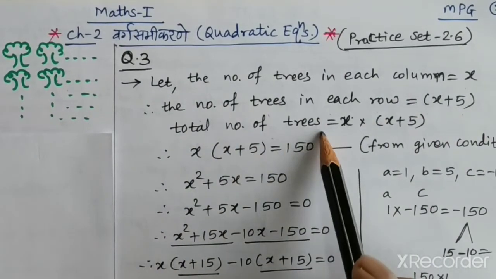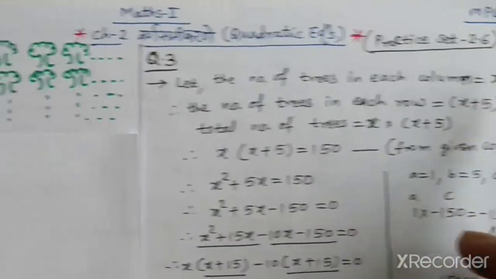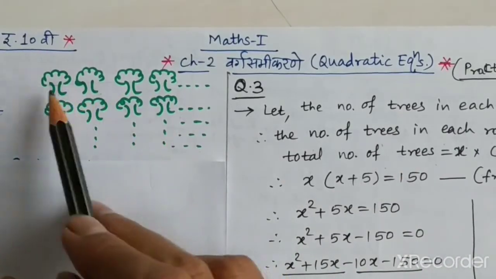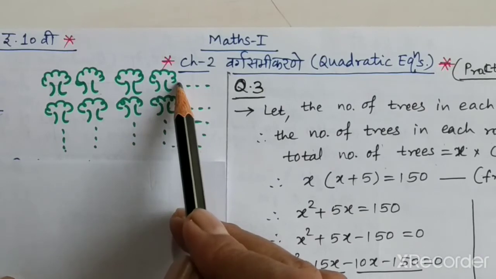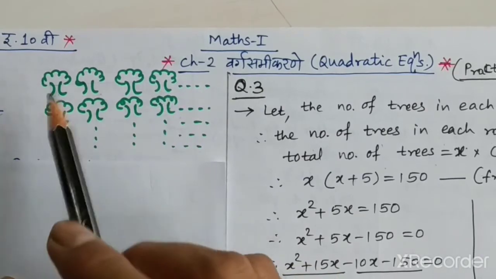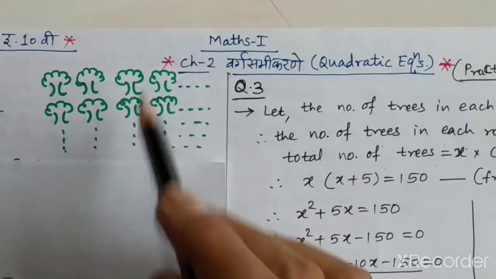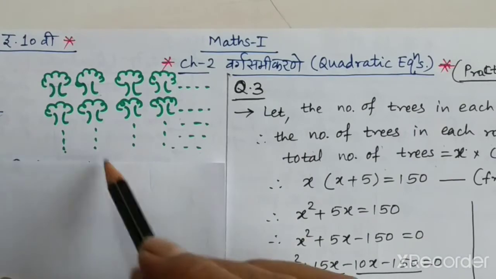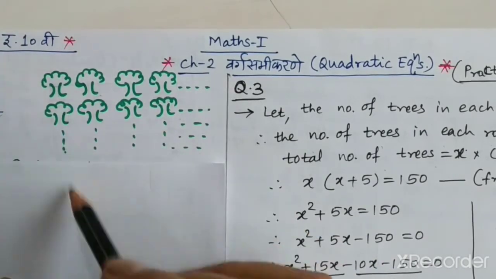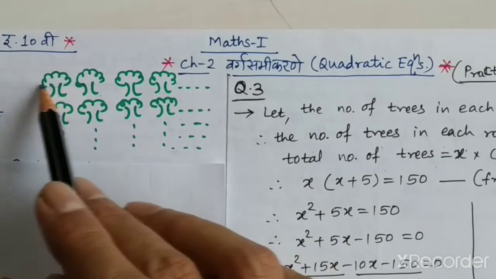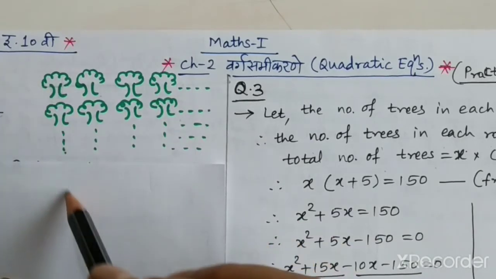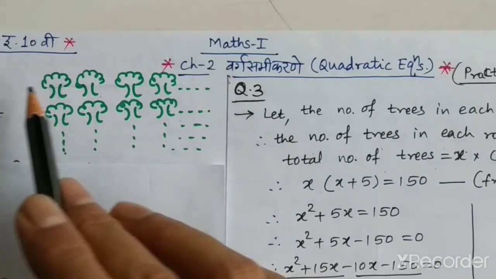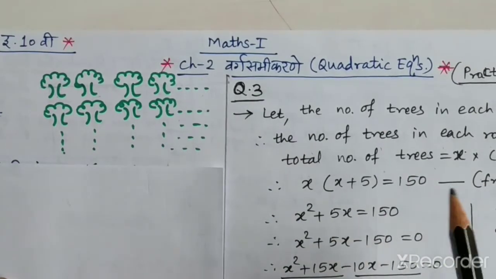The total number of trees will be the product of these two, so we take the product of x plus 5 and x. So x into x plus 5 is 150.